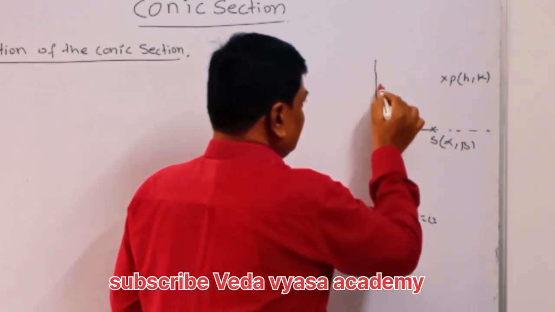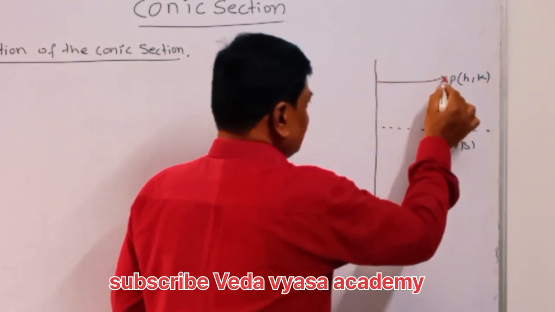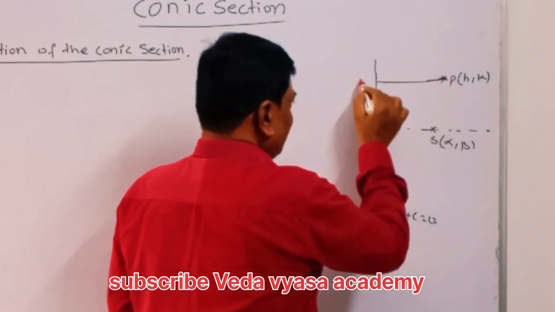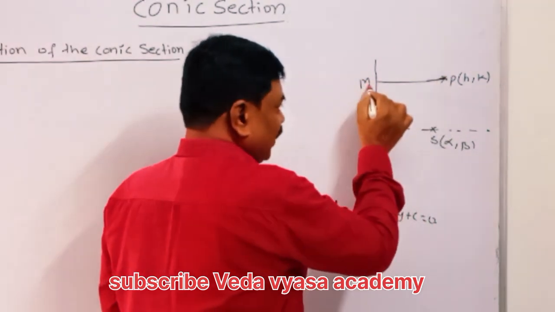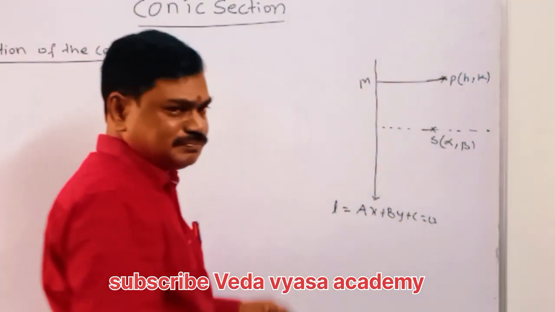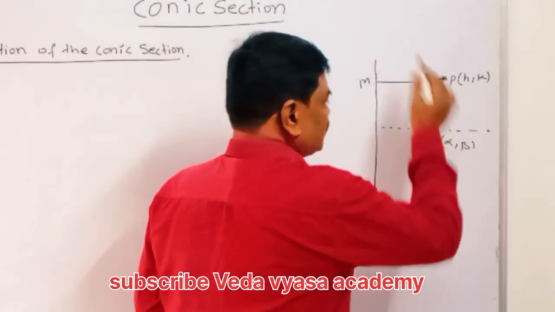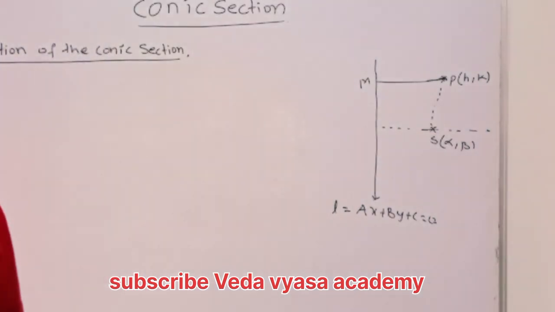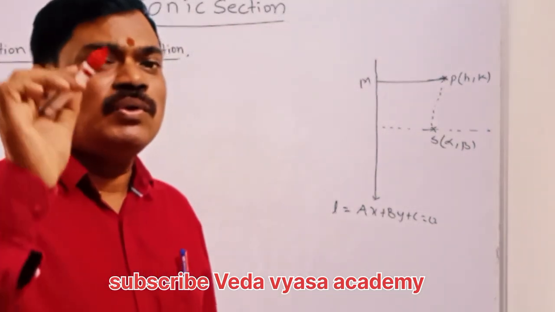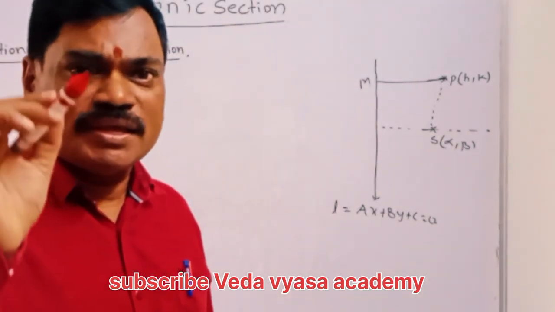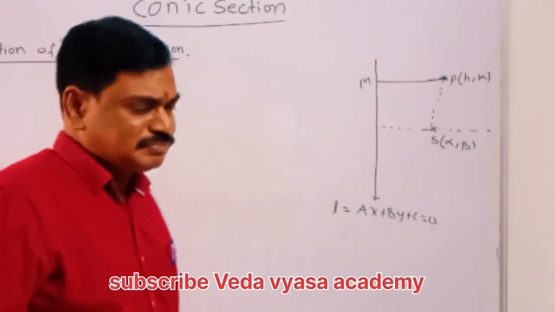This is the perpendicular distance from P to M, where M is on the line L, and also the distance SP. Okay, all of you, we know that the locus of P is a conic section.